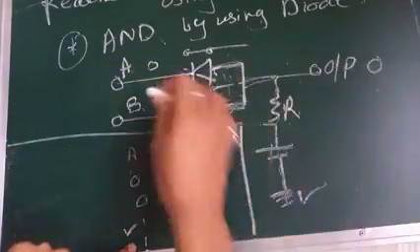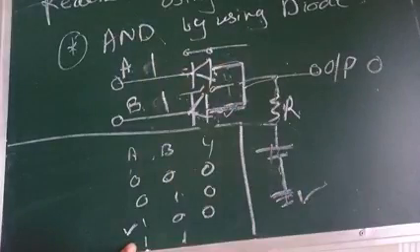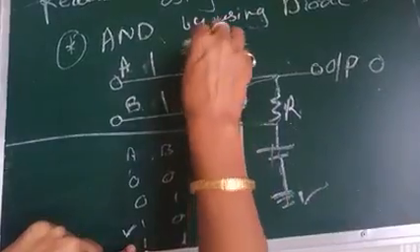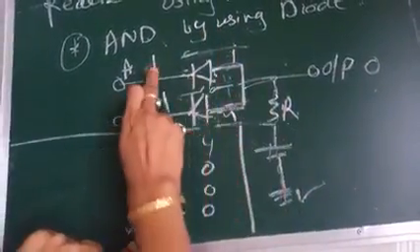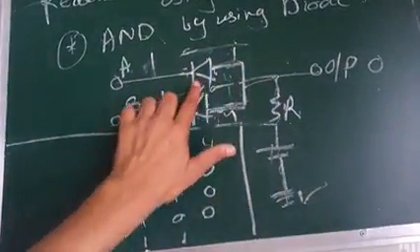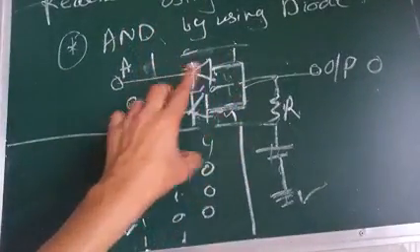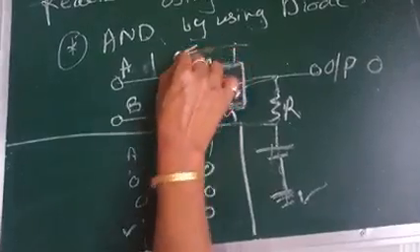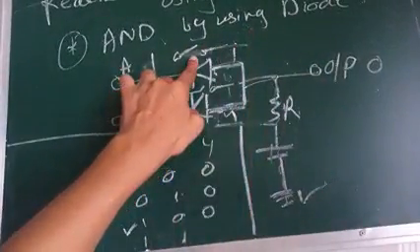What is the last condition? A is 1, B is 1. Let us see what happened. When A and B are both 1, 1, both the diodes have anode and cathode at the same potential. That means the diode becomes reverse biased, because the anode voltage is equal to the cathode voltage. As the diode is in reverse bias mode, it functions as an open switch.